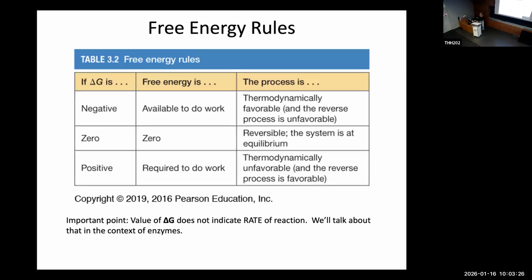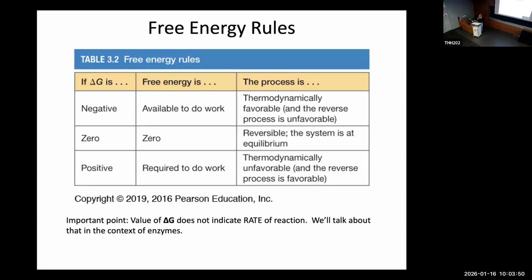So this table summarizes that if a delta G is negative, there's potentially free energy produced in that reaction that is available to you. Now, importantly, the value of a delta G doesn't indicate how fast a reaction is happening.